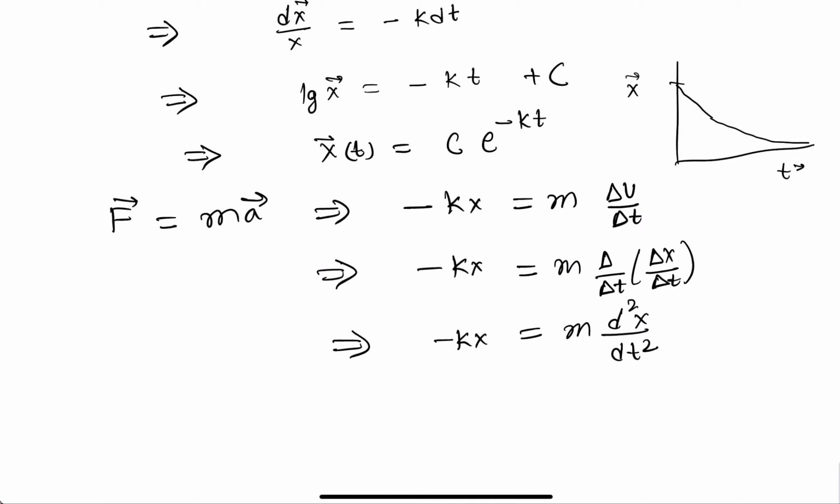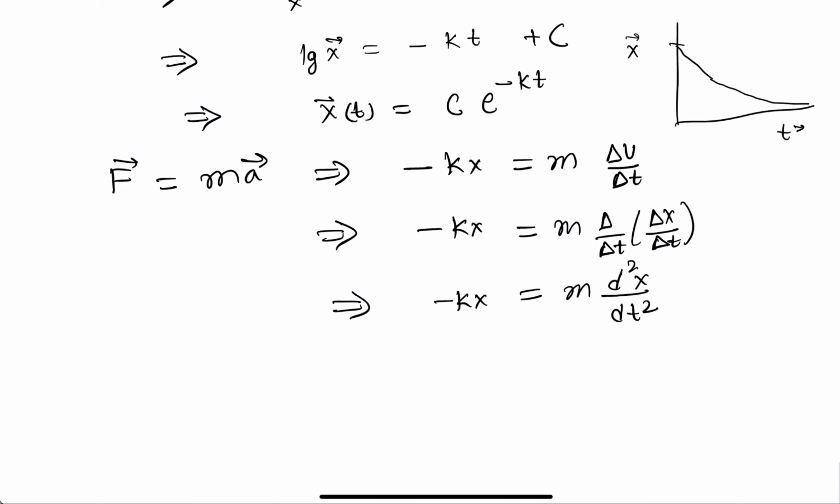Okay, so according to Newton's law, we have the second derivative of position with respect to time equals minus kx, and you probably know the solution of this, a second order differential equation.